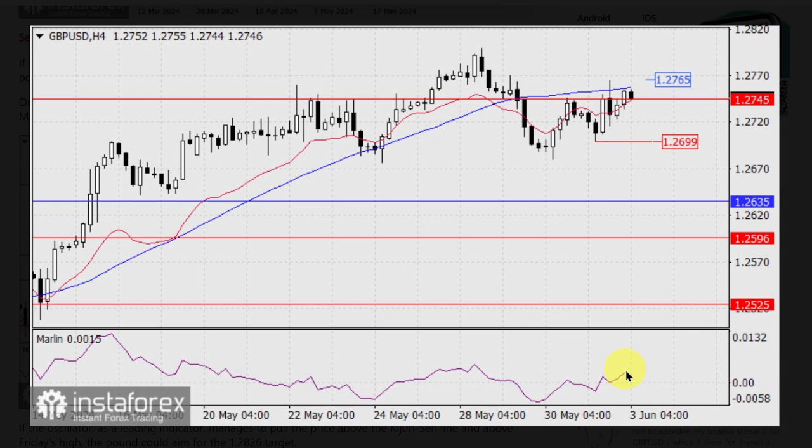If the oscillator as a leading indicator manages to pull the price above the Kijun-Sen line and above Friday's high, the pound could aim for the 1.2826 target. If the price consolidates below 1.2745, it might break Friday's low of 1.2699 to move towards 1.2635.